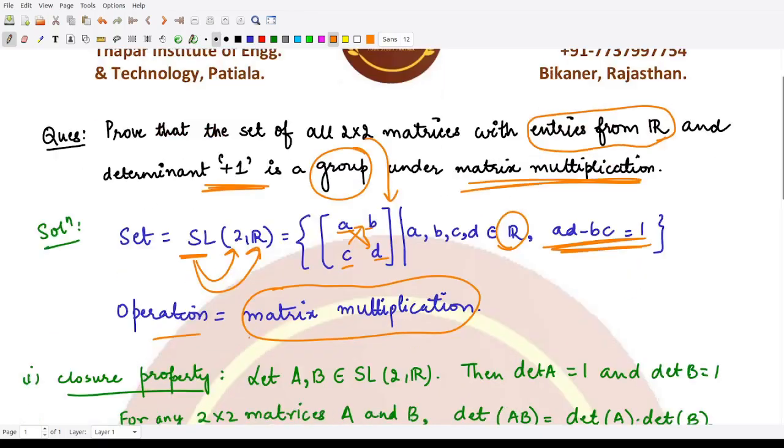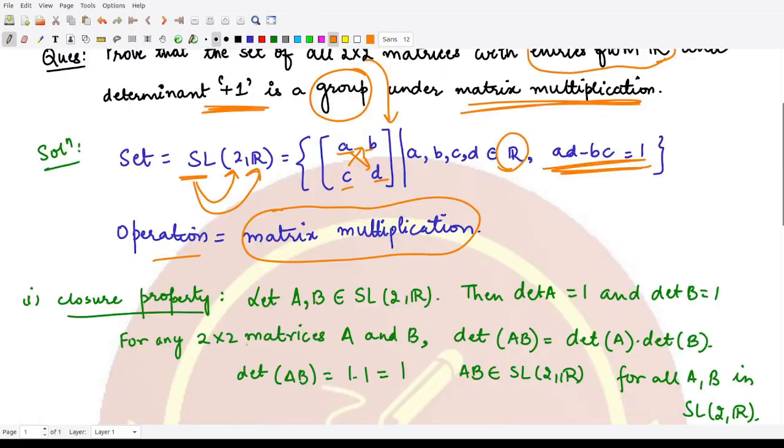Now, in order to show that this forms a group, we need to prove all the group axioms. So what are those? First is the closure property. For the closure property, we take two elements A and B from this set, right? So that then they would be all 2 cross 2 matrices such that their determinants are equal to 1. Correct. Now we wanted to determine whether this AB also belongs to the same set or not.